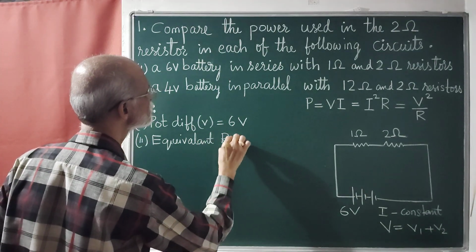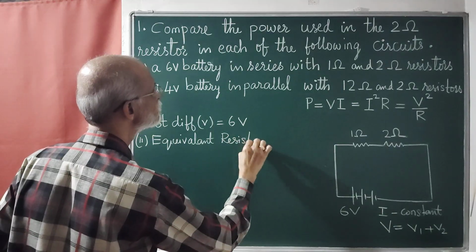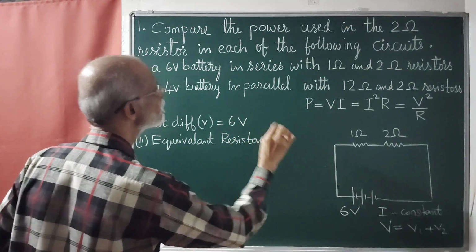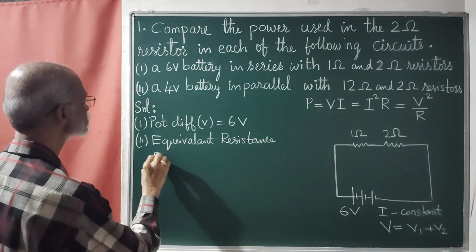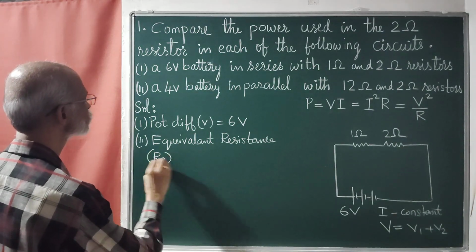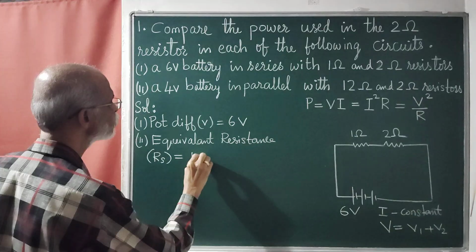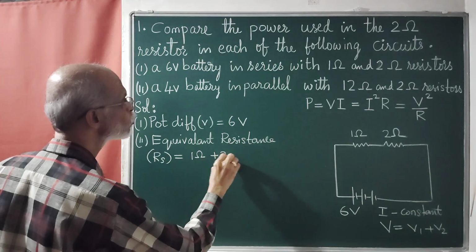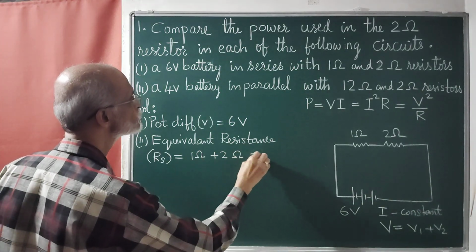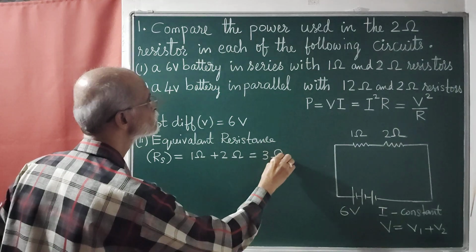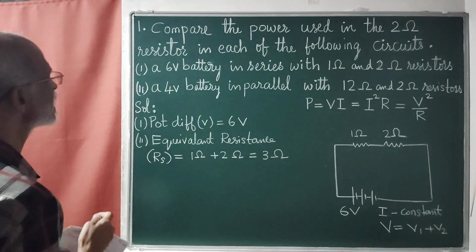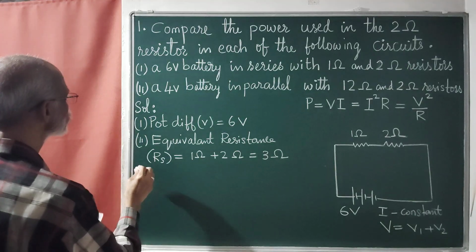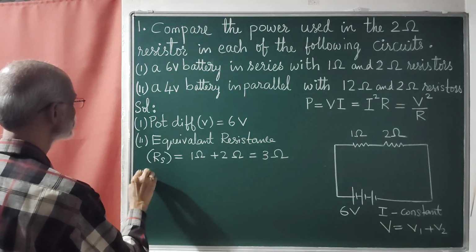That is Rs, because they are in series. Rs is equal to 1 ohm plus 2 ohm is equal to 3 ohm. By using the two values, we will calculate the current in the circuit. So third one, current.